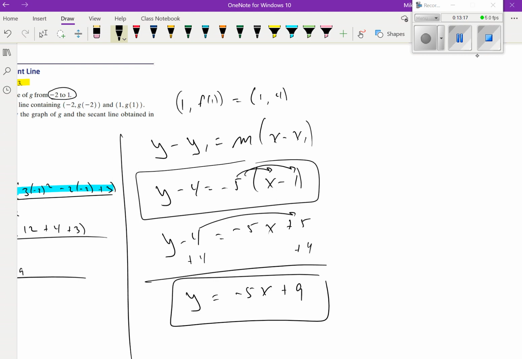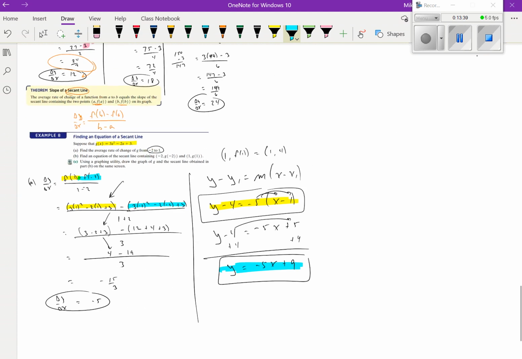So depending on which format we're asked for, if we're asked for just an equation, then this first equation here would work. If we're asked for point slope, then the one I've already got highlighted would work. If we're asked for slope intercept, then we have to do the one that is in blue. Okay, so that is finding the slope of a secant line.